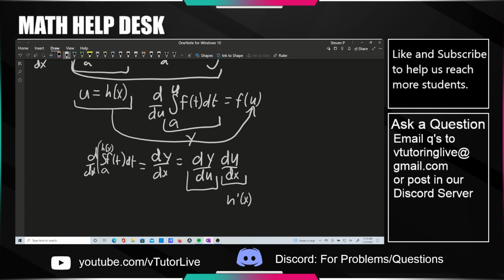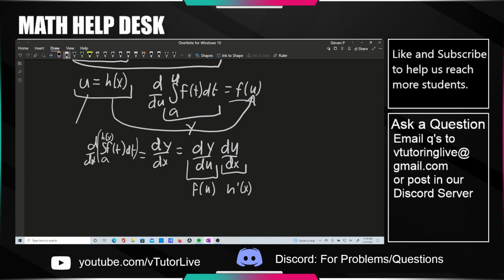We're basically saying this entire thing is y. So then this turns into dy/du, which is just f of u, times h prime of x. And then finally you substitute the u over here.